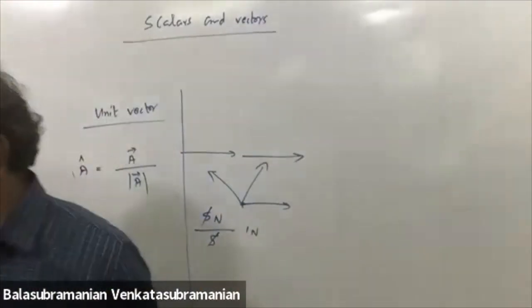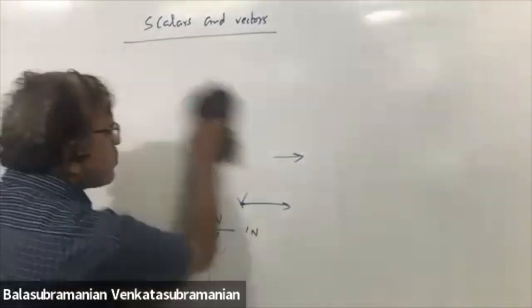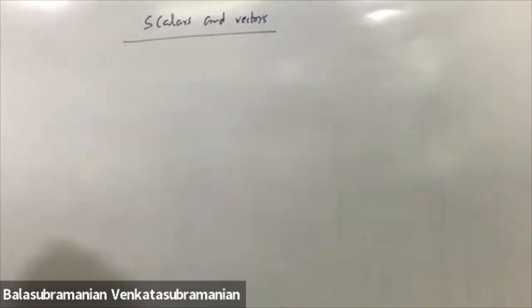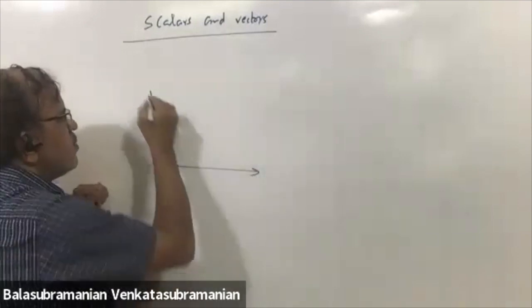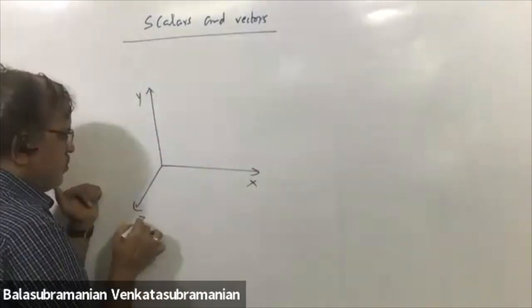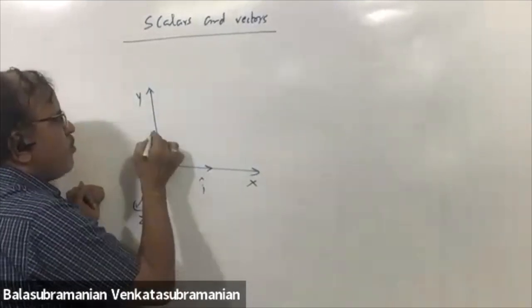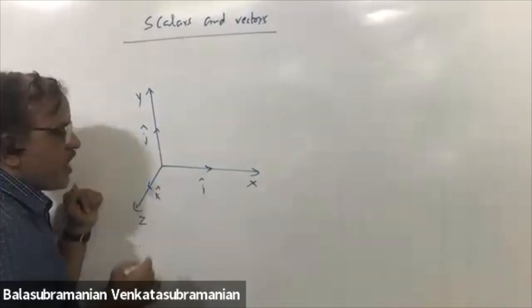Orthogonal unit vectors. Orthogonal. If we consider three different directions, X, Y, and Z. Along the x-axis, i cap, y-axis, j cap, z-axis, k cap.